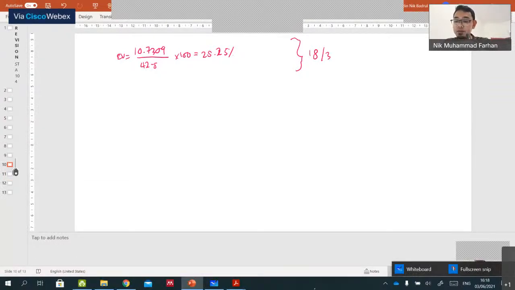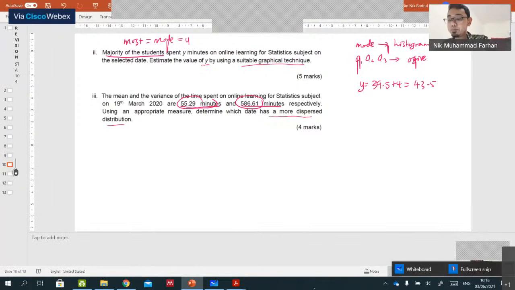But for this question yang diberi 19 Mac, this one is variance kan, so kena cari standard deviation. So S nya adalah square root of 586.61. So square root of 586.61 ialah 24.22.